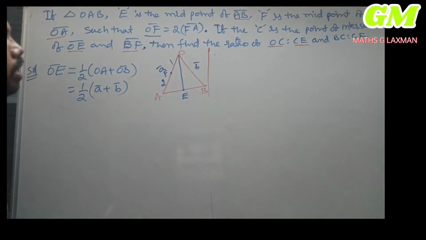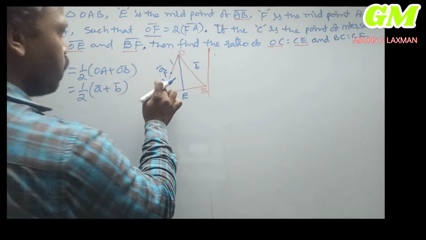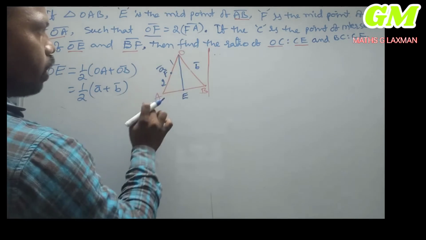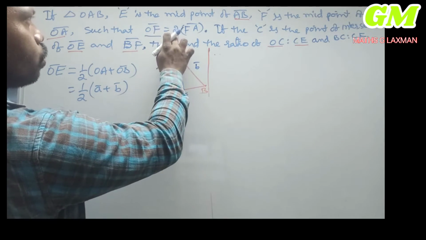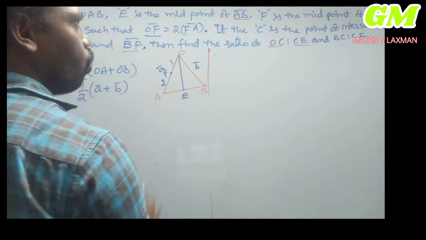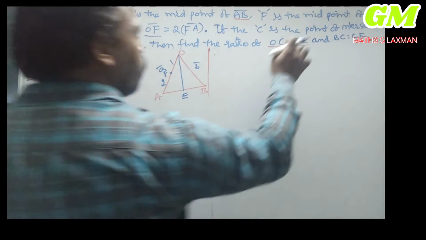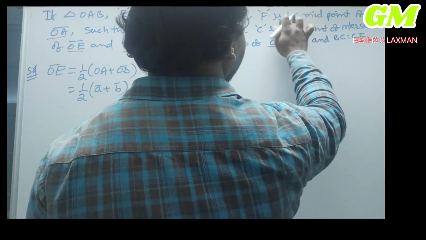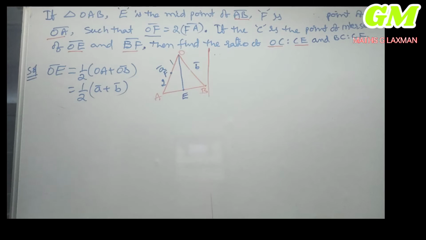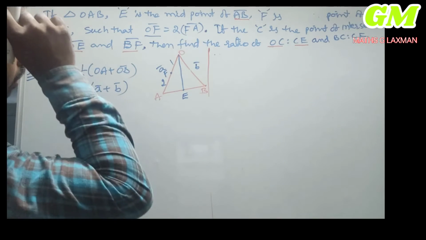It divides in the ratio, FA is 2 times and OF is 1 time, so OF is equal to 2 times FA. F is a point on OA, it's not a midpoint. If you take a midpoint, it divides in exactly 1:1 ratio. But here it is dividing in a 2:1 ratio.